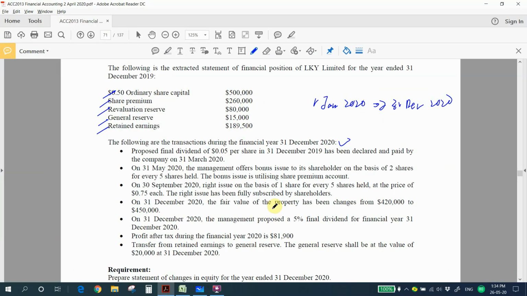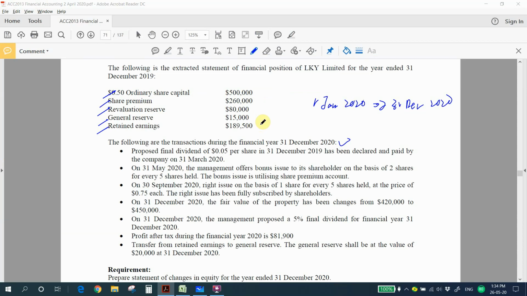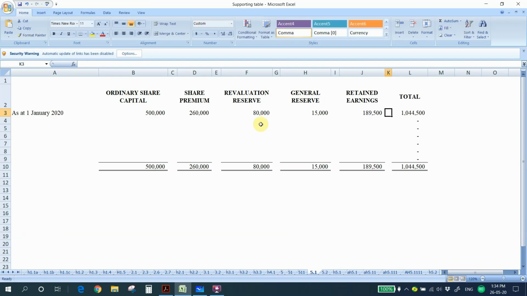The first thing we do is record the opening balances. For ordinary share, we have 500,000. Share premium 260,000. Revaluation reserve 80,000. General reserve 15,000. And retained earnings 189,500. So this is the total we have, 1,044,500 at the beginning of the year.